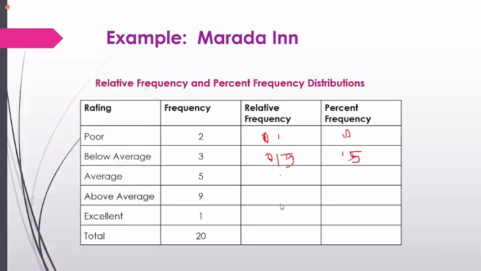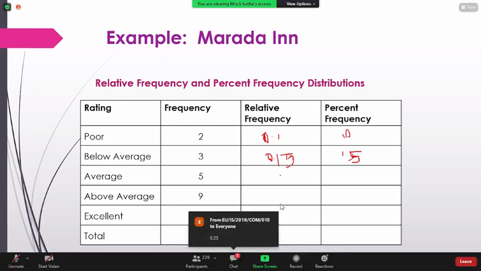And for the relative frequency for the class average? 0.25. And for the percent frequency? 25.